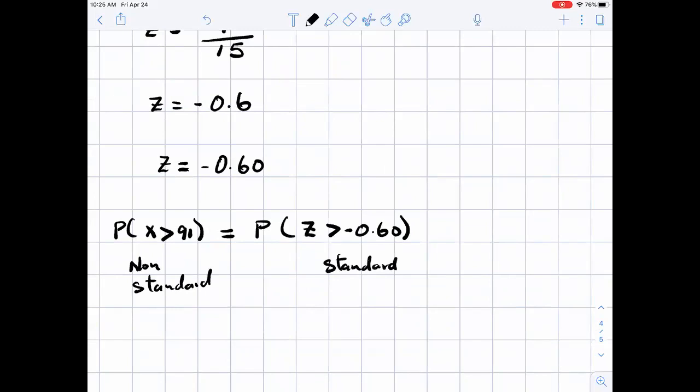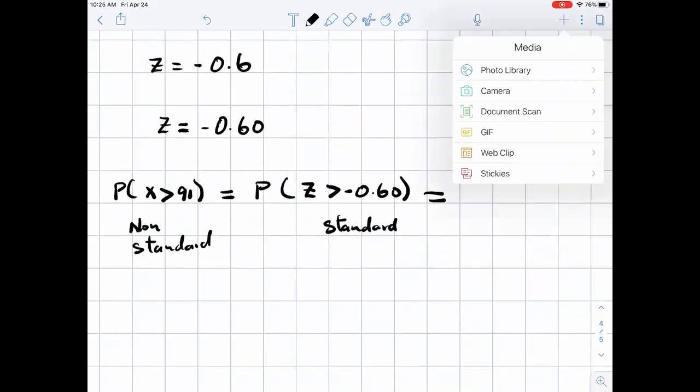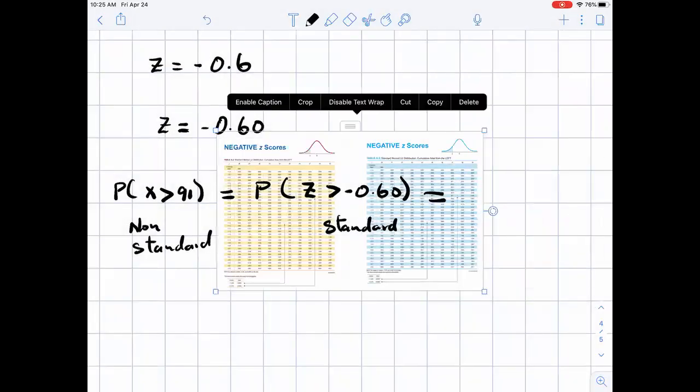Okay, now we're going to have some work, because when you look up negative values, let's see if I insert my photo. What's this one here?